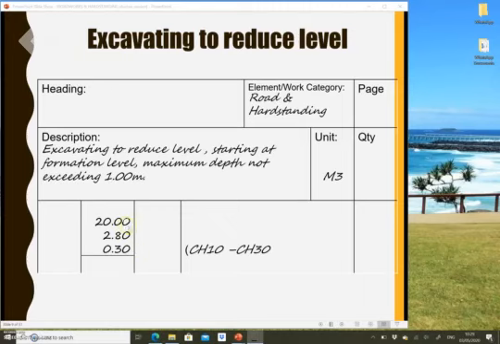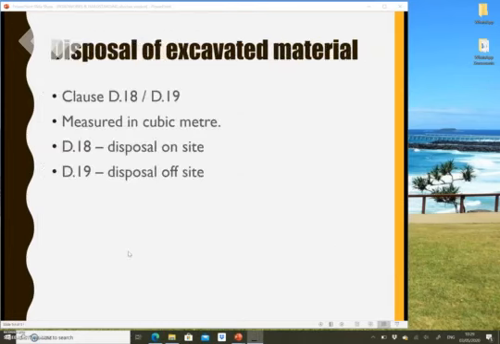This is the length, the width, and the depth of your excavation. So how do you determine the depth of excavation? You need to look at the cross section of your drawing. Don't worry, students, we'll be looking into that in details in Part 3 of our lecture.